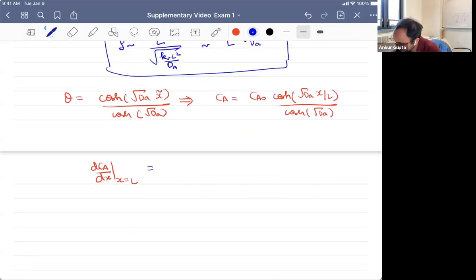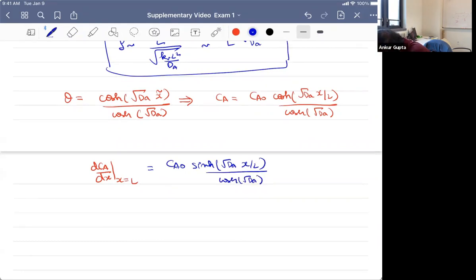If you do that, you will get CA naught, and I believe you can verify this. This is not very difficult to do. You'll get sinh of square root of dA x by L, over cos of square root of dA, times square root of dA. Substituting x is equal to L, this becomes CA naught square root of dA by L times tanh of square root of dA. So this is what we get as dCA by dx.